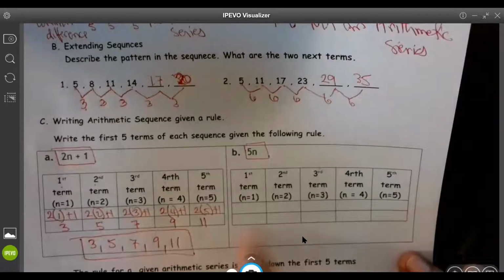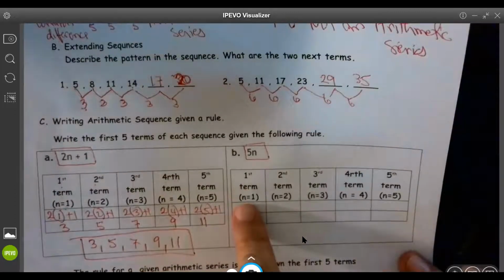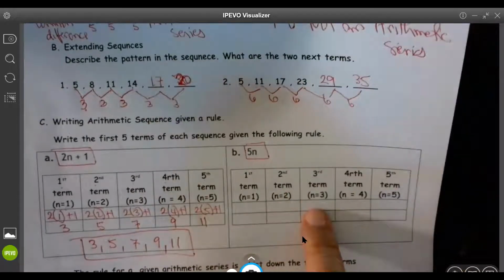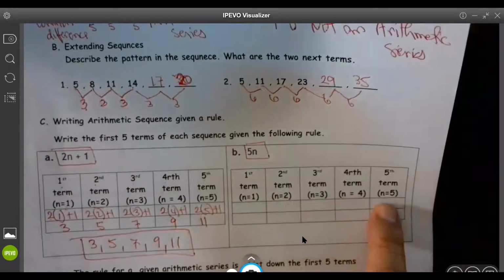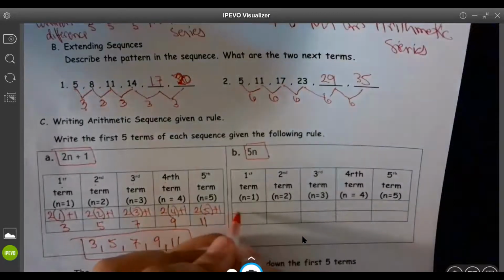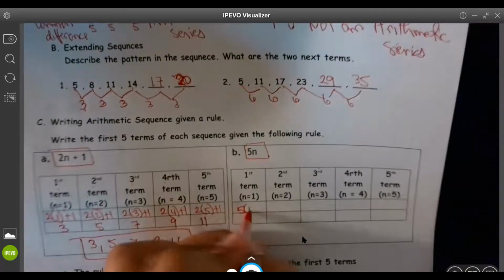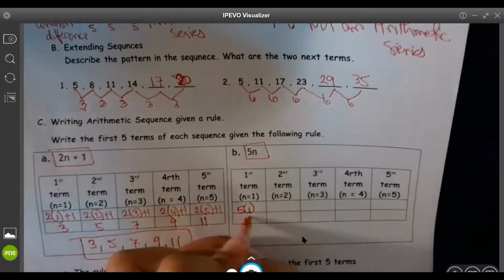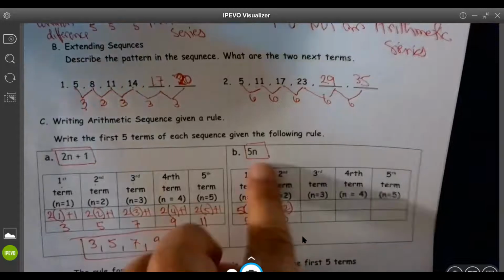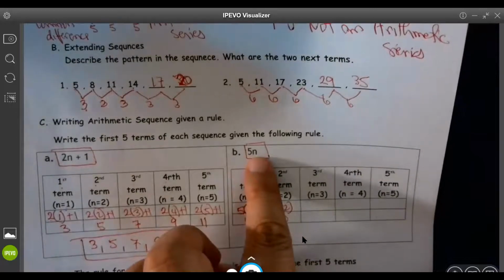The second rule is 5 times n. Again, first term, n is 1. Second term, n is 2. Third, n is 3, and so on. Fifth term, n is 5. So the first one will be 5 times 1, that is 5. 5 times 2, that is 10. Notice that I'm using this formula, 5 times n.